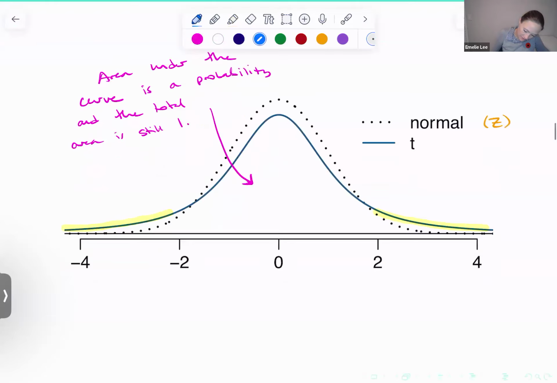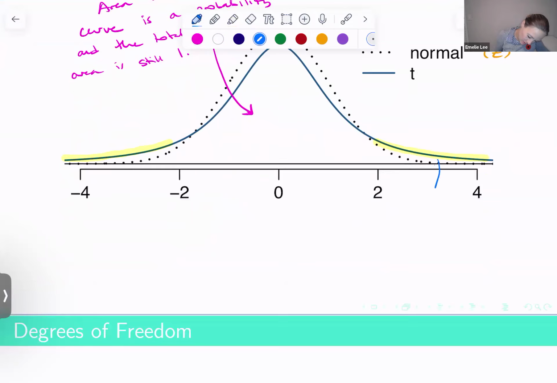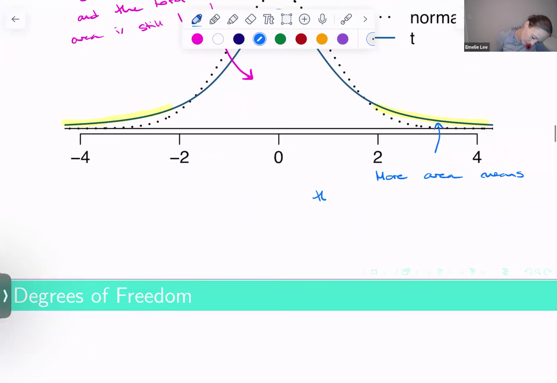And so here, really what this means, more area means the probability of more extreme T's, okay? More extreme T's is higher, right?